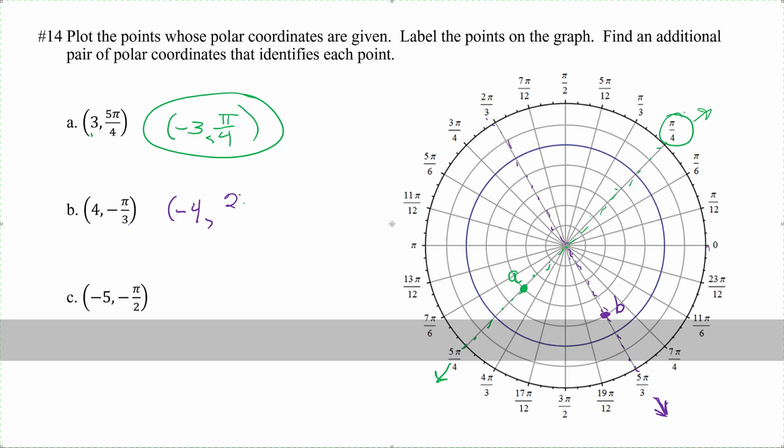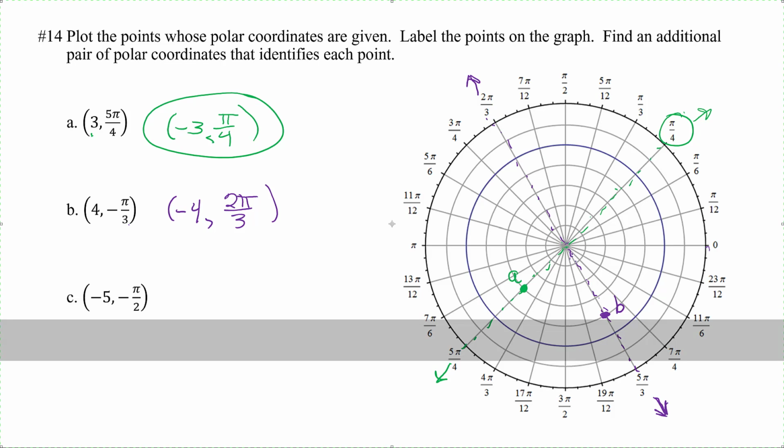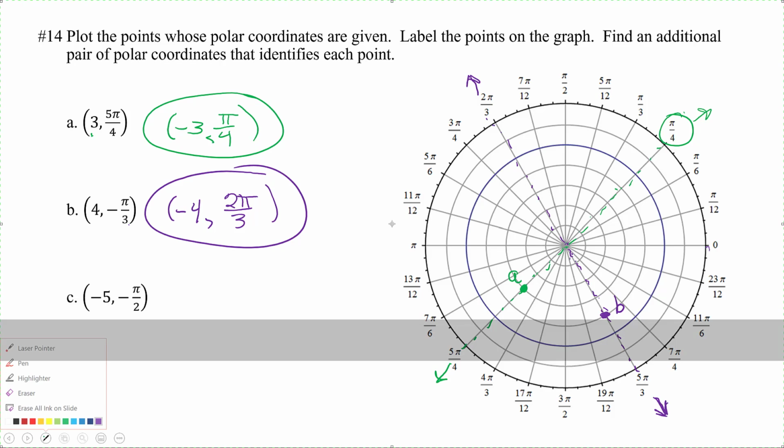Let's try it and see if it works. Okay, so if we start out at 2 pi thirds as being the positive direction up and to the left, and instead of going positive 4 from the pole, we're going negative 4 from the pole, we would end up at that point B, so this works. Okay, we've got one more to go, and this time we have the point negative 5, negative pi halves.